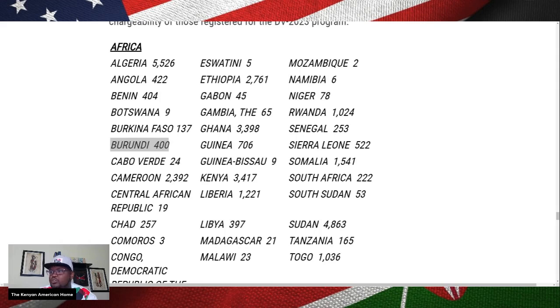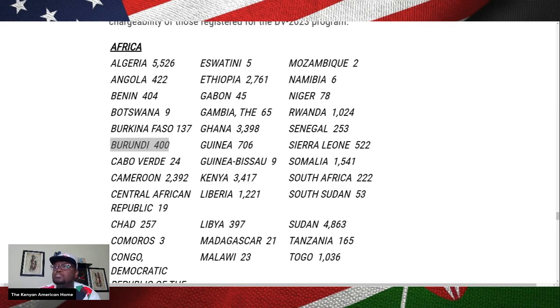I think it was the same thing here. If I look at DV 2024, let me look at August to see if August is the month that they publish the numbers. So that was DV 2023 that just ended, and it doesn't look like DV 2024 was published. I don't think they published it in August.